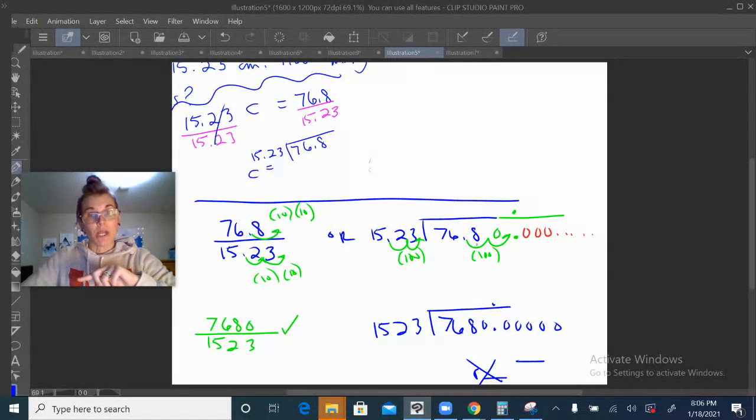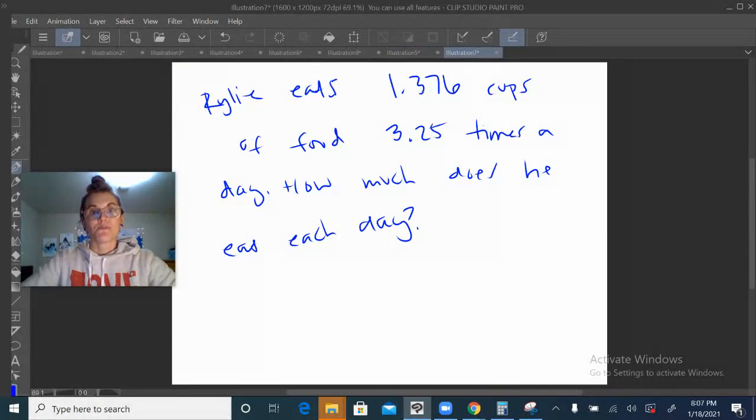And in the same respect, I'm going to move that decimal place over as many times as I did so that these two decimal place moves match up. Okay, and that's because looking at it as a fraction, my fractions are still equivalent, so I'm not changing the value.